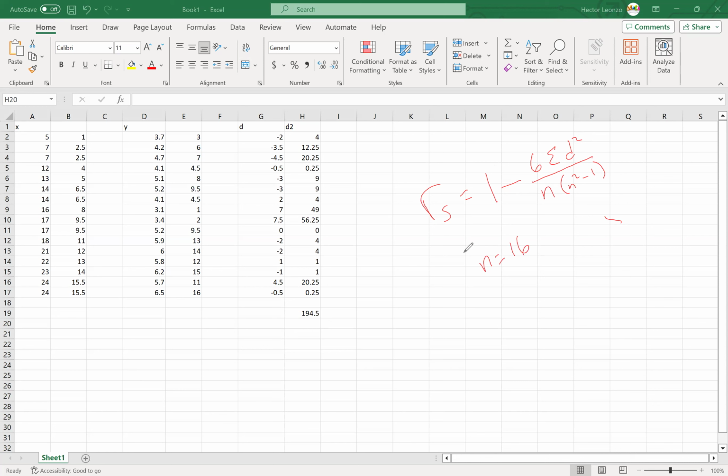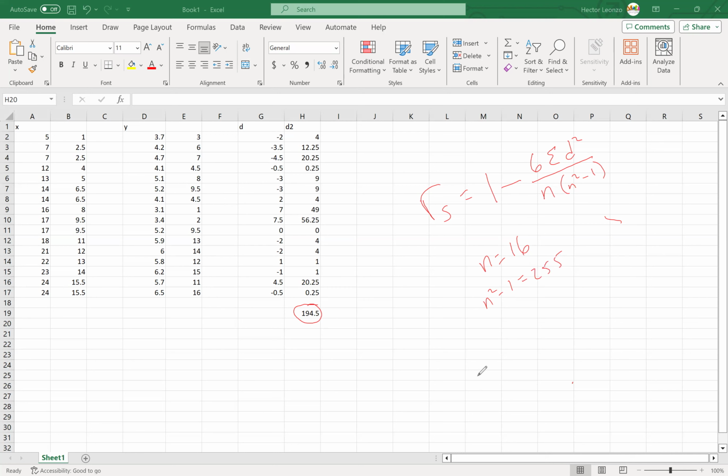My sum of D squared, we have it there. That's what this is. My N, again, is 16. My N squared minus 1 is basically 16 times 16 minus 1. So I'm going to call that 255.